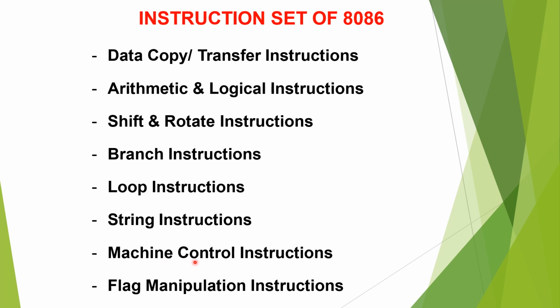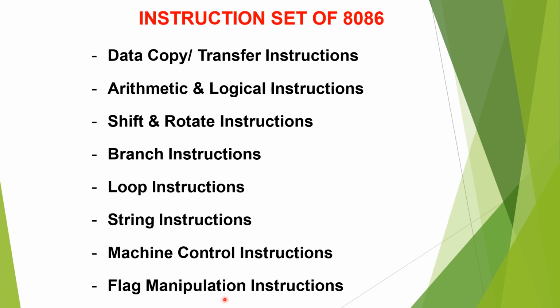Machine control instruction plays a major role by controlling the operation of the machine. For example, you can put the processor in the wait state, that is idle mode, and you can halt the program execution. And for flag manipulation instruction, we know that 8086 contains a 16-bit flag register with specific flag bits.